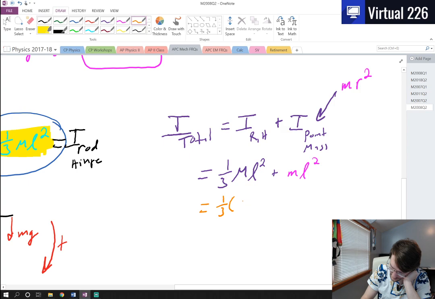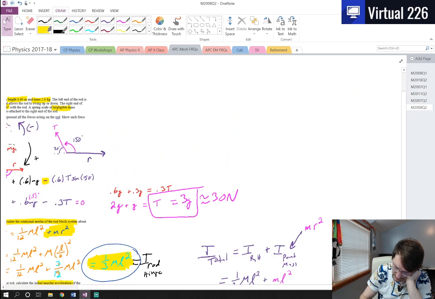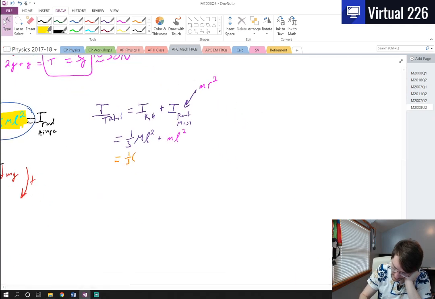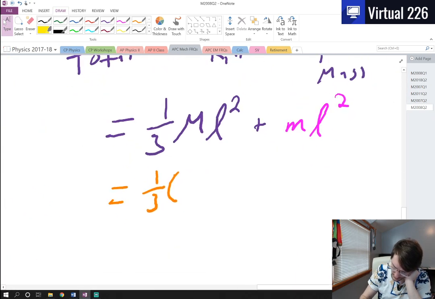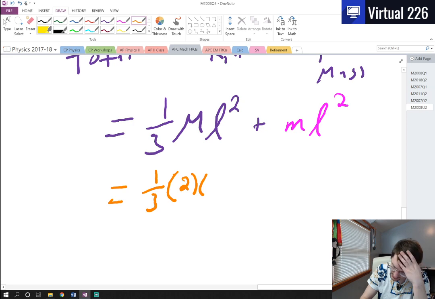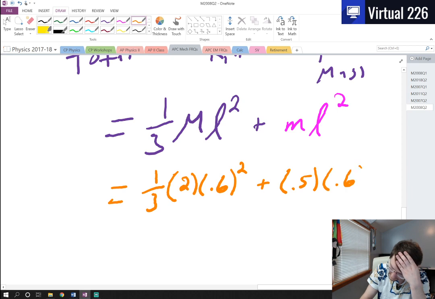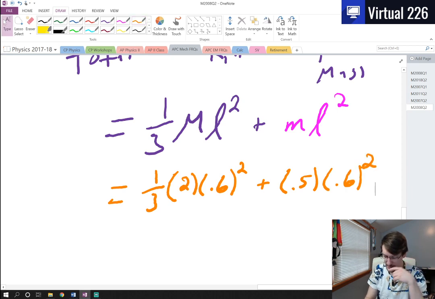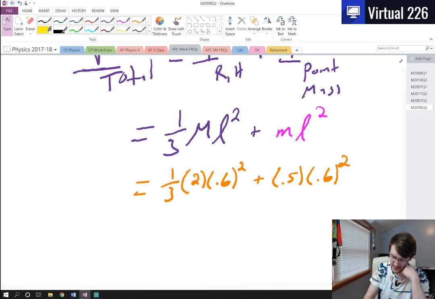1/3 times, oh, what's the mass of the rod again? I can't remember this stuff. Times 2 times 0.6 squared plus 0.5 times 0.6 squared. That's what we want. This is the total moment of inertia.